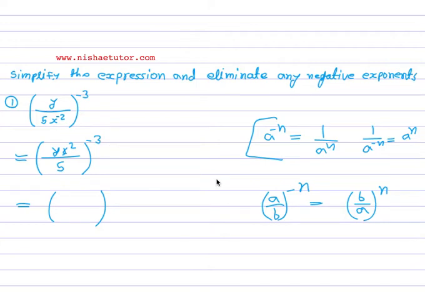Now negative 3 converts into positive 3, and this is just the reciprocal. So 5 upon x square y. Okay, and now everything will be to the power 3. So 5 to the power 3 upon x to the power 2 to the power 3 and y to the power 3.